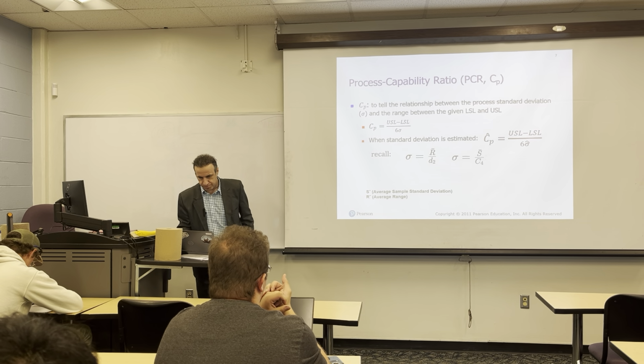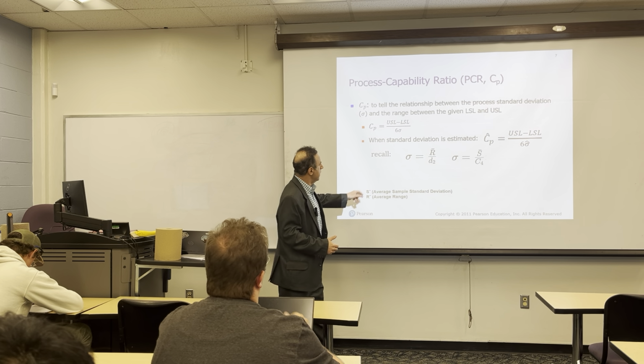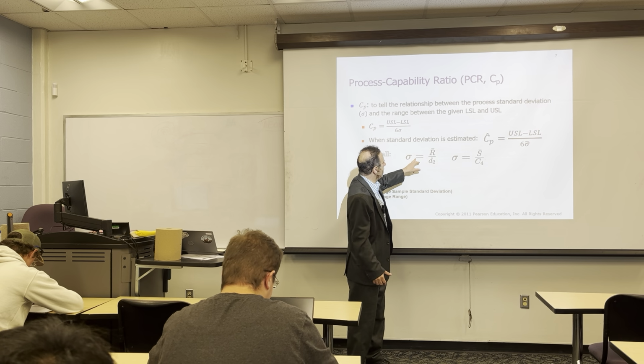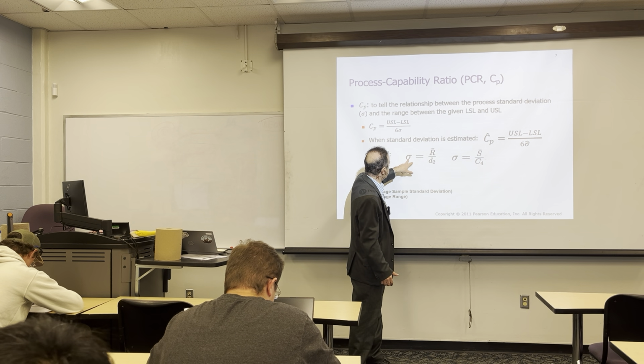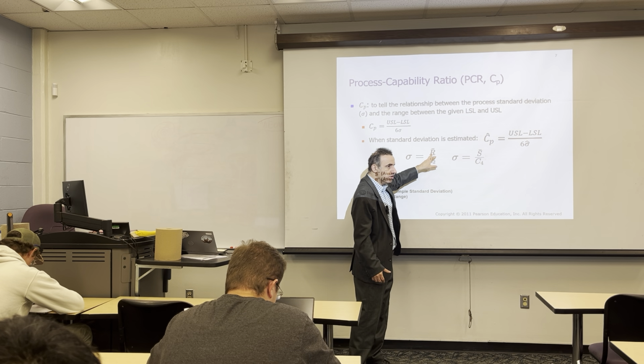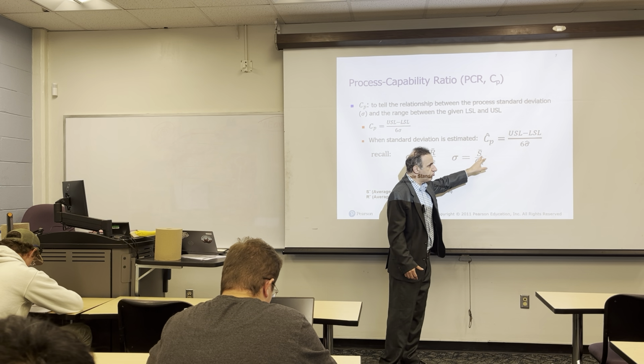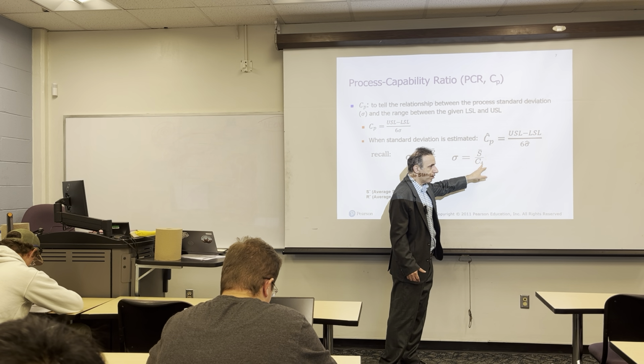Okay. Before we get into that, sometimes you may want to find sigma. The sigma you can calculate using this equation, R bar divided by D2, right? We talked about it last week. And you can use the standard deviation divided by C4.